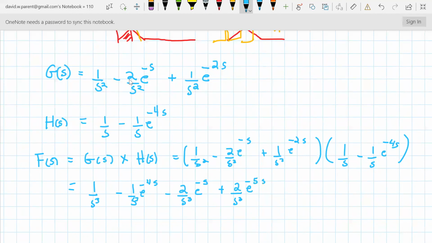This gives me plus 1 over s cubed e to the minus 2s. And then we have the final part, which is minus 1 over s cubed e to the minus 6s, that's 2 plus 4.